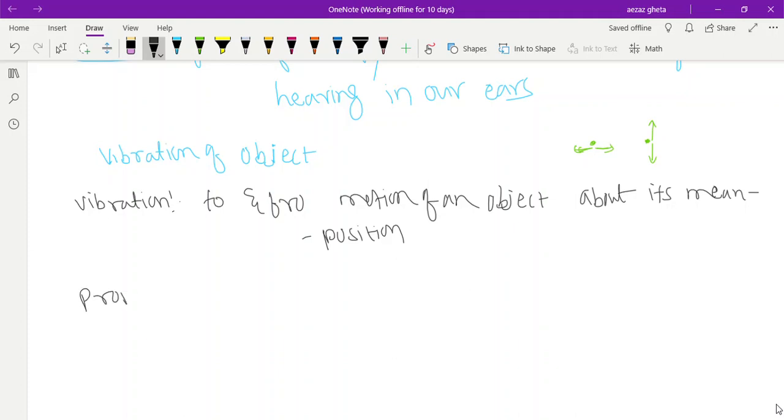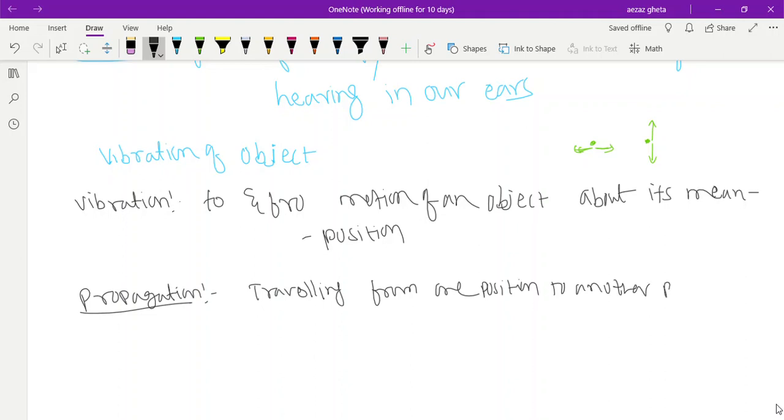Propagation means traveling from one position to another position. So that is called propagation.